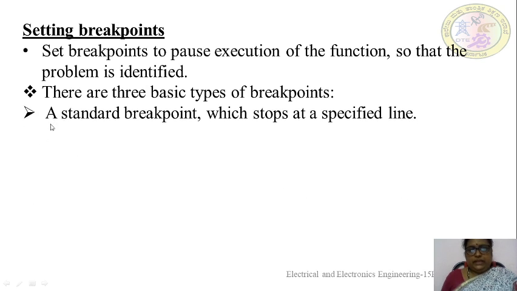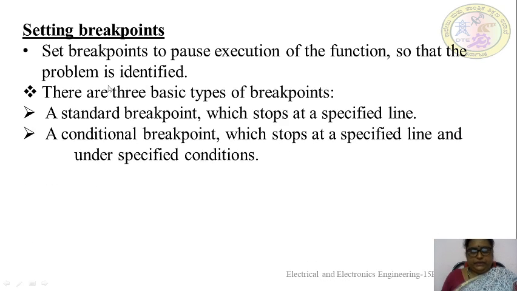The first one is a standard breakpoint, which stops at a specified line. You can set a breakpoint, then the program will be executed till that breakpoint. If any errors are there, you can identify those errors and then correct them. You can also apply a conditional breakpoint, which stops at a specified line and under the specified conditions.